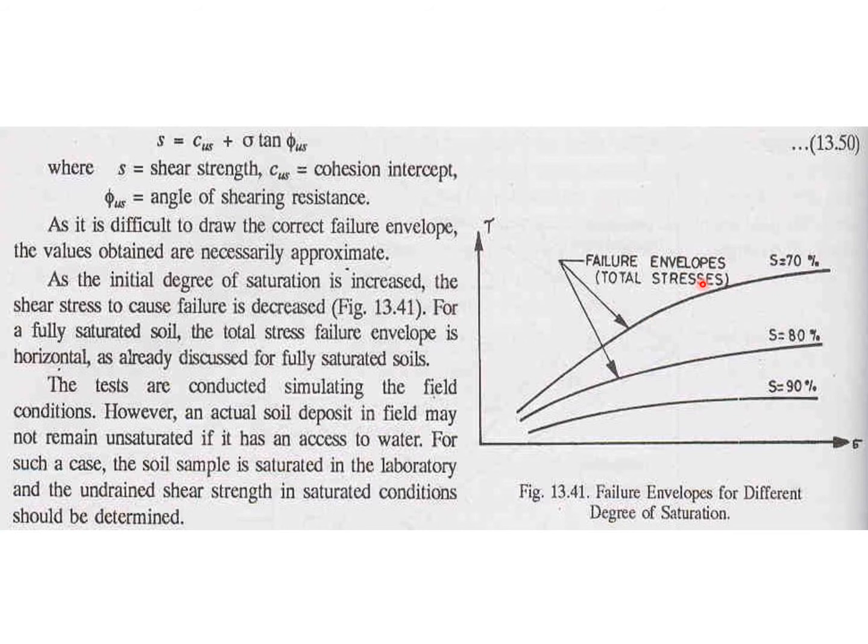So you can see here shear stress versus sigma plots, and you can see the failure envelopes. As the degree of saturation is increasing, your failure envelope is coming in the downward direction, showing that the shear strength is going to decrease with the increase of degree of saturation.